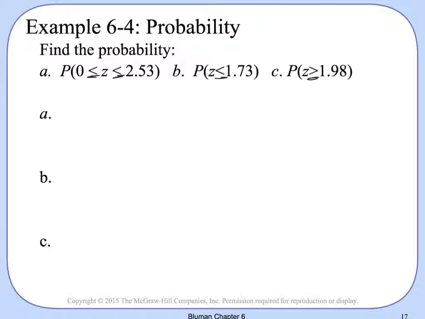Emily, you're up for letter A. Wesley, you got letter B. And Hannah, you have letter C. And even if I didn't call your name, you should still be working on them. If you have to, think about what your picture would look like.